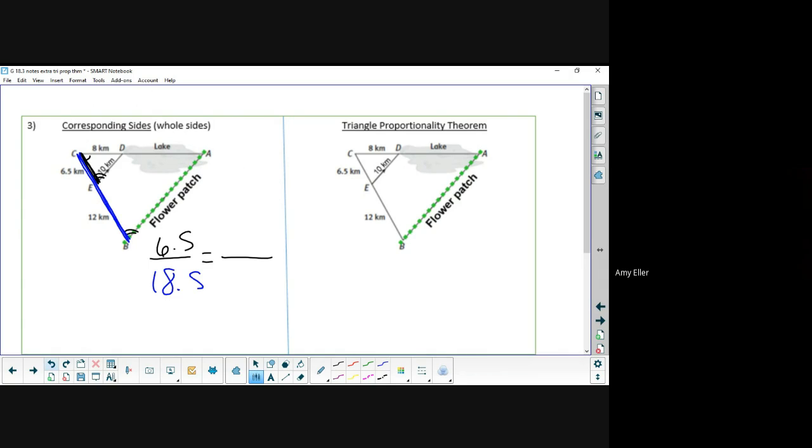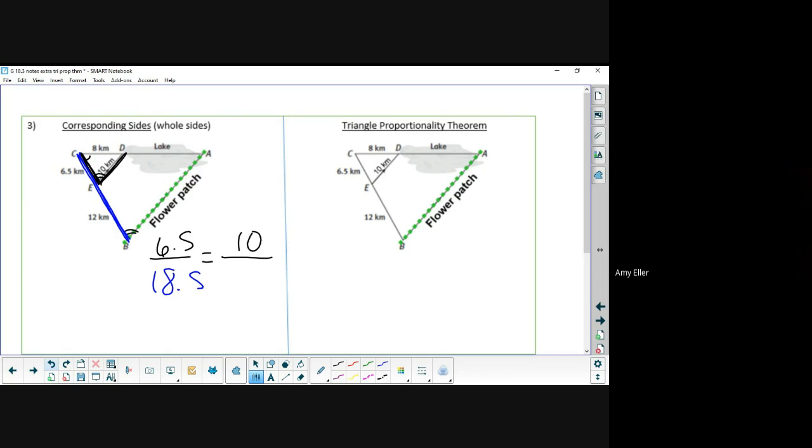Remember, we're trying to find the flower patch, so we probably want to pick the side that goes with that. So Caitlin, what side would I pick now? Well, I want to talk about the flower patch. So what goes with the flower patch? Oh, 10. Yep. So let's start with 10.